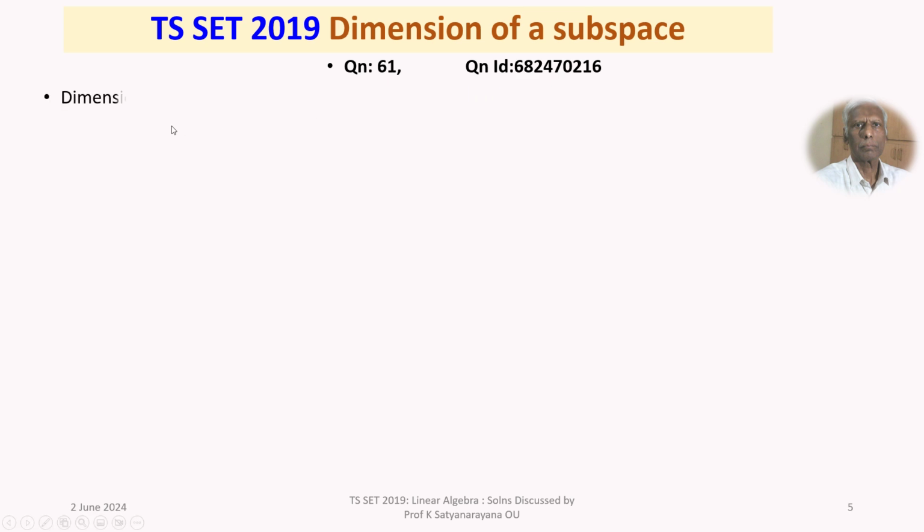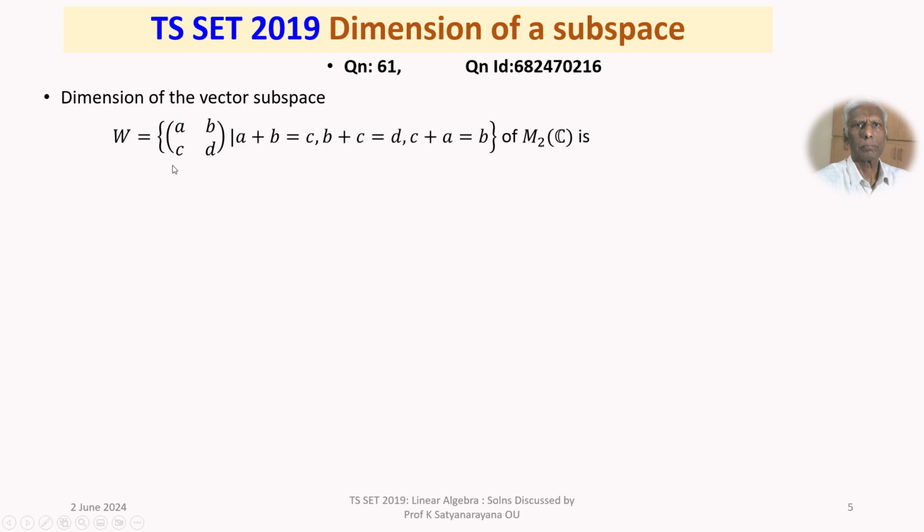The given question is: the dimension of the vector subspace W given by 2 by 2 matrices (A, B, C, D), where A plus B is equal to C, B plus C is equal to D, C plus A is equal to B, of M2 over C. We are given 4 options.